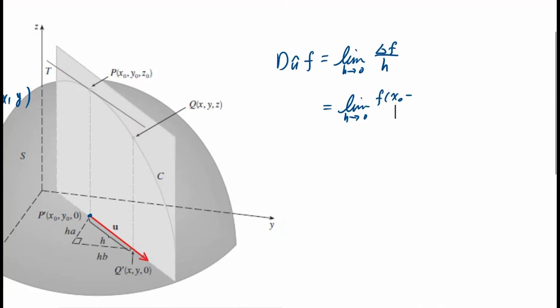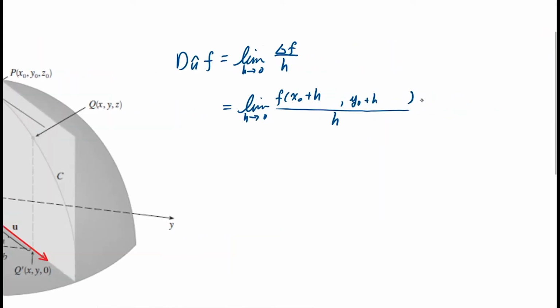Don't write this down, it's not correct. h maybe? Don't write this yet. And then y naught plus h, over h. This kind of looks like last year, right? Except we used to have just one, f of x plus h over h minus f of x naught, y naught.